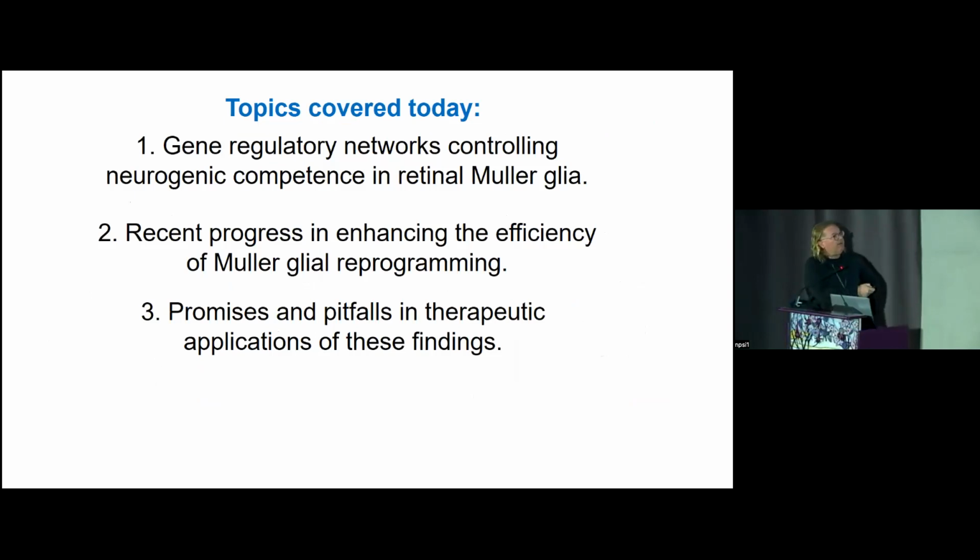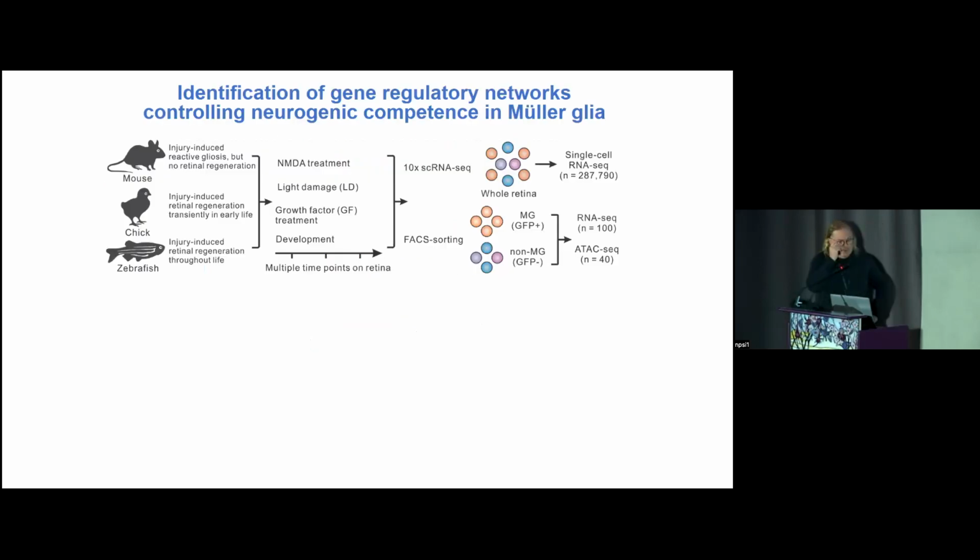And then finally, I want to discuss some of the potential promises and pitfalls in applying these findings to induce regeneration and glial reprogramming in vivo. So first, the published work.